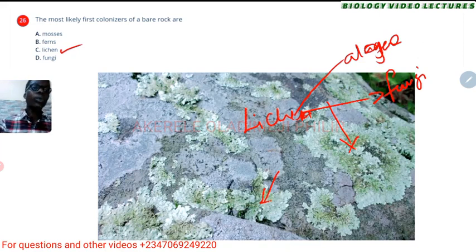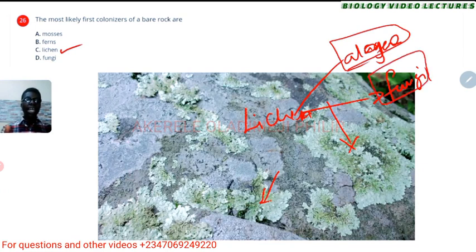Now, the reason why: if you have learned about succession, the rock is hard, with no soil, so to say. The algae helps to photosynthesize, while the fungi helps them to attach to the surface.